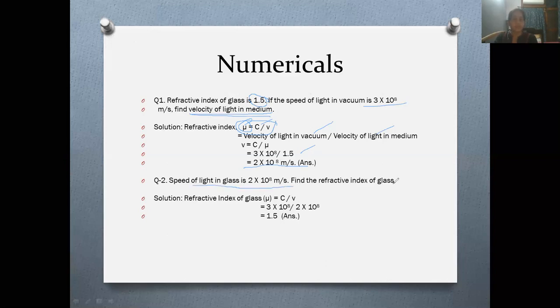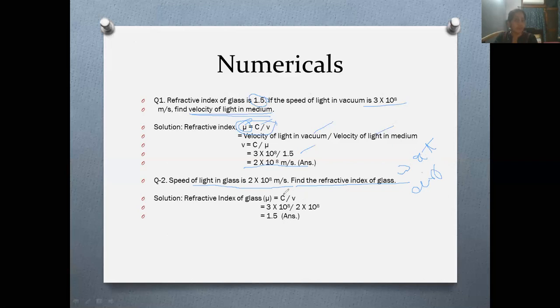Similarly, the speed of light in glass, or any medium, is given. Find the refractive index of glass with respect to air. This is the refractive index of glass with respect to air, so that is again c upon v.